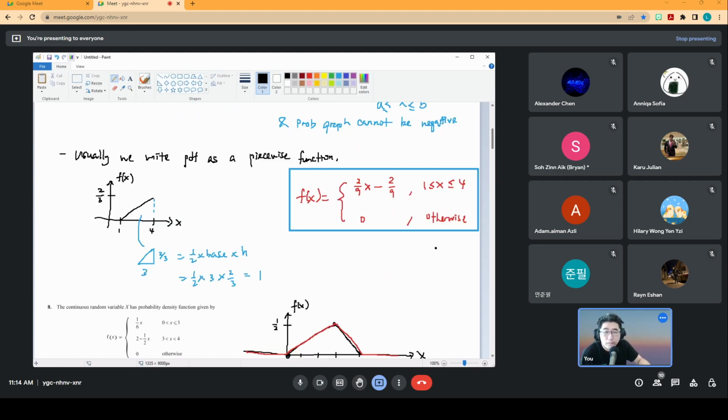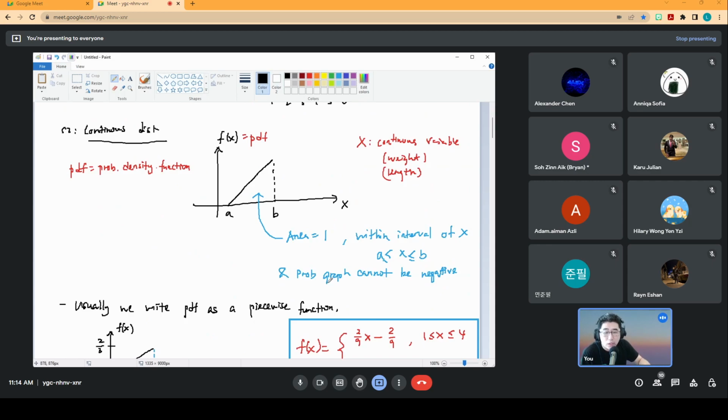Let's say I'm using the shape that I just created.